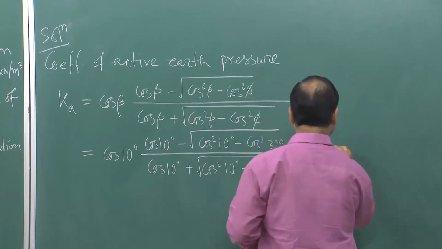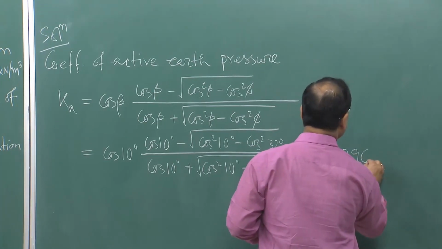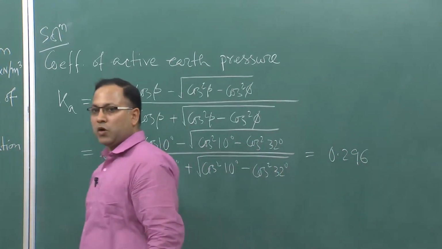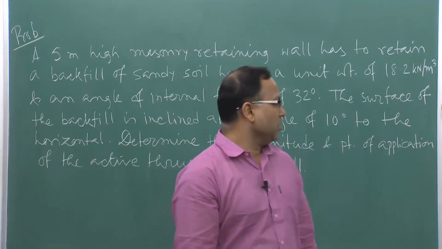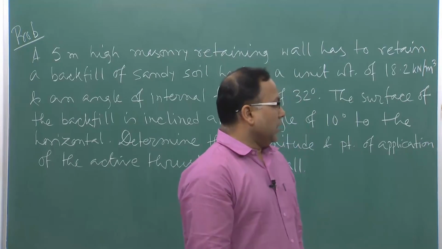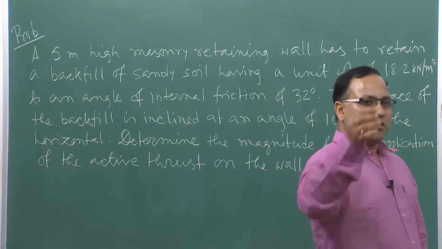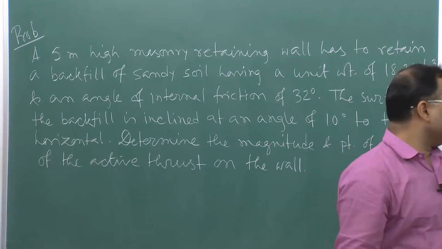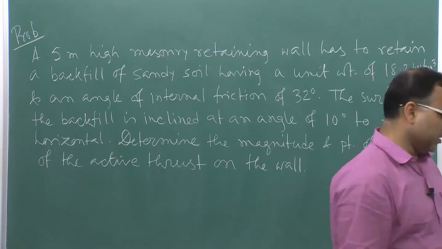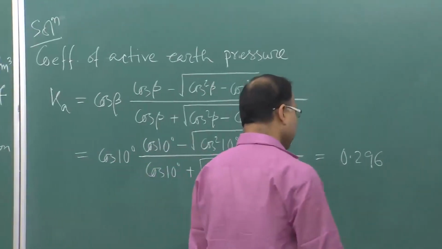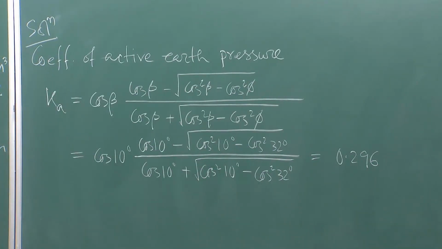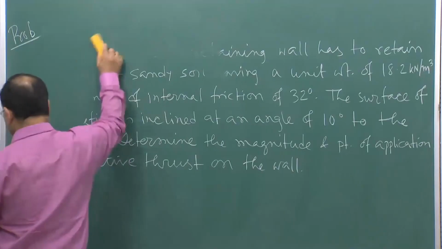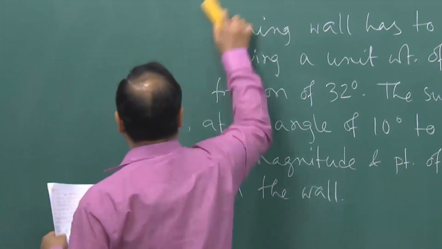That gives me 0.296. That is the only tricky part of this problem, otherwise this problem is pretty straightforward. You can find out the distribution of the active earth pressure, and from there the active thrust. Anyway, this is your active earth pressure coefficient for this inclined backfill. Now, we are going to find out the resultant thrust as asked in the problem.